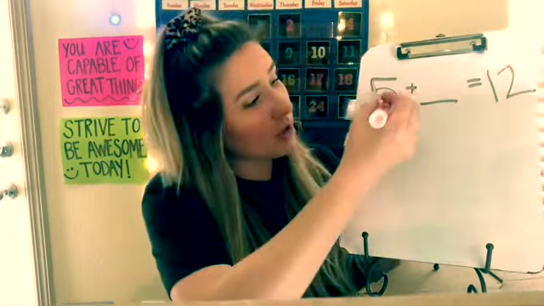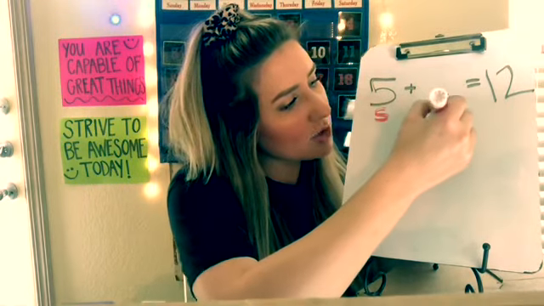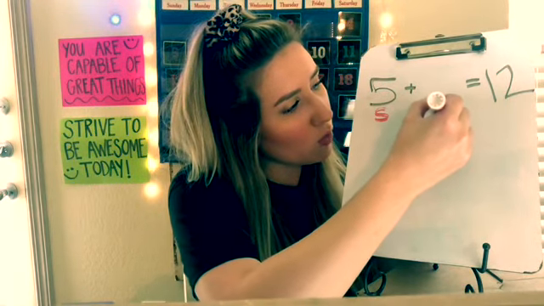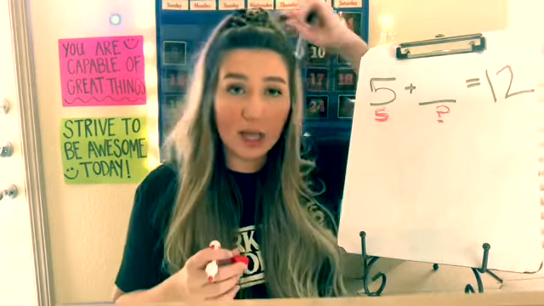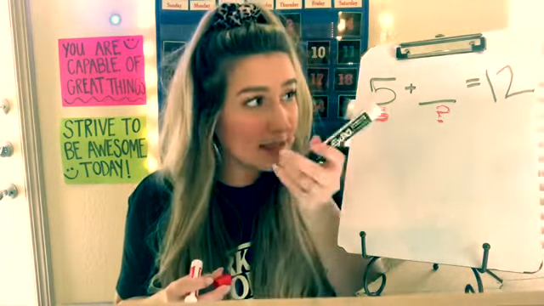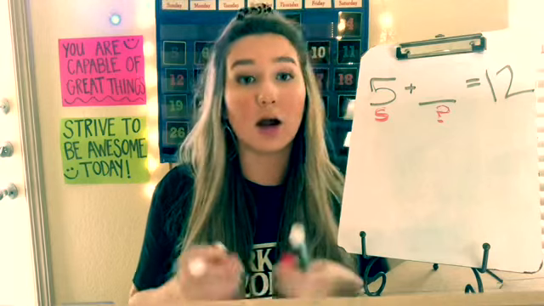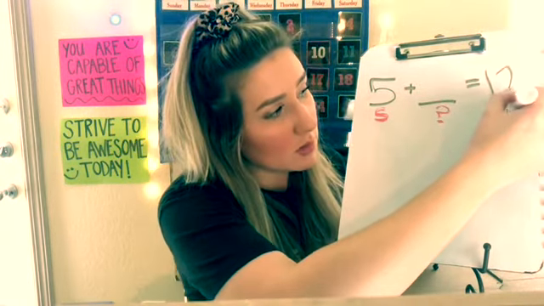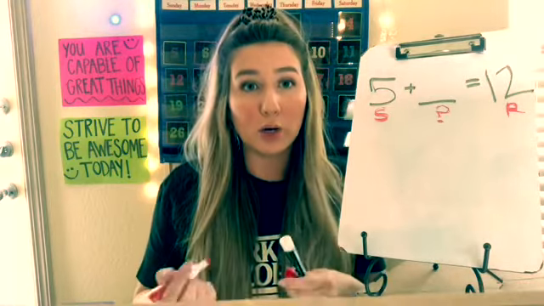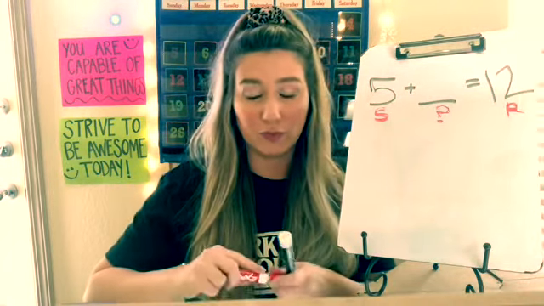We know we're starting with 5. Do we know what the change is? Do we know what we're changing? No, not yet. So that's what we have to figure out, right? That missing addend is going to be our answer to this problem, okay? We also know what our result is going to be. So we know where we are trying to get to, okay?